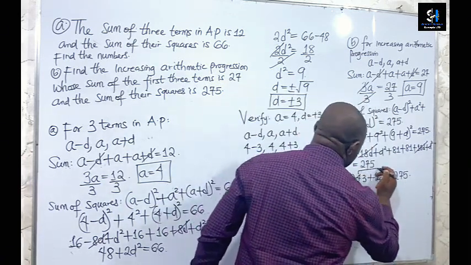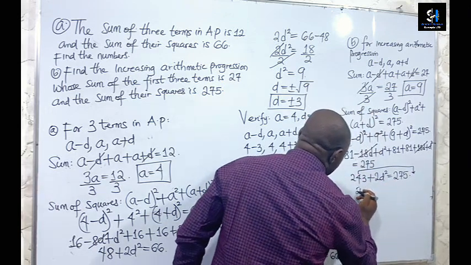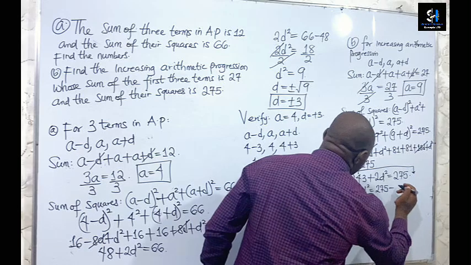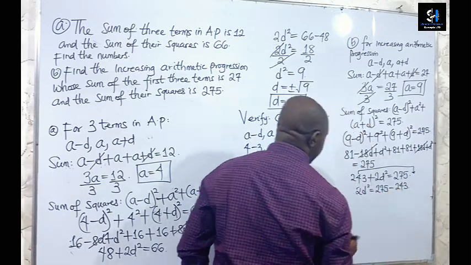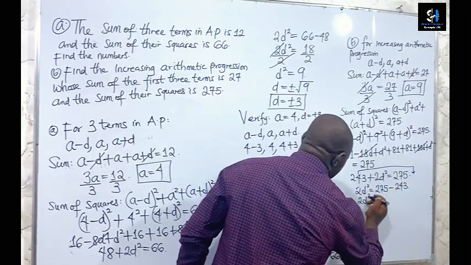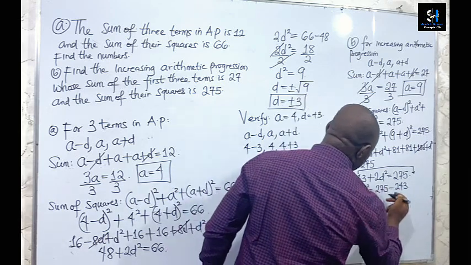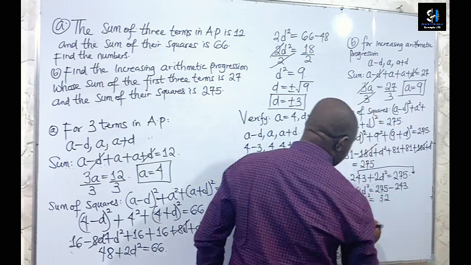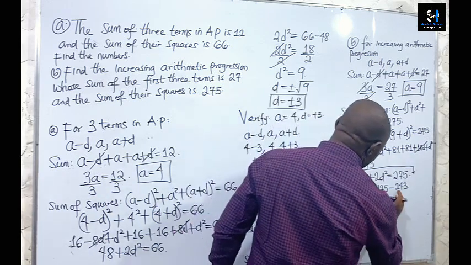Then I'll move the 243 to the right-hand side, so that 2d squared equals 275 minus 243. So 2d squared will be equal to 5 minus 3, that will be 2, then 7 minus 4, that's 3, then 2 minus 2, that's 0.